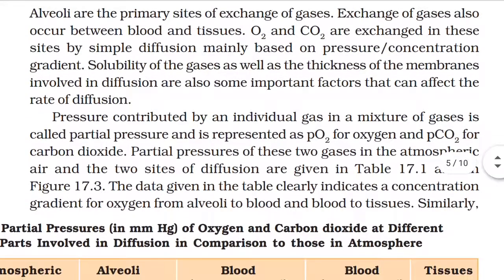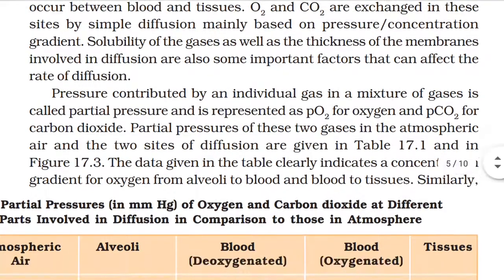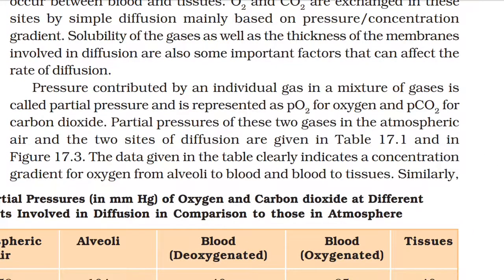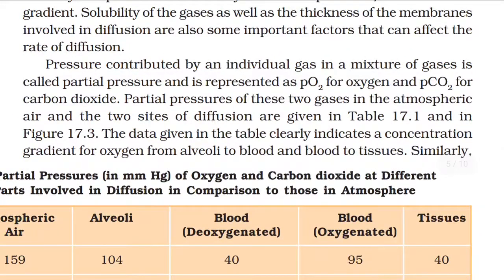Oxygen and carbon dioxide are exchanged in these sites by simple diffusion, mainly based on the pressure and concentration gradient. The solubility of the gases, as well as the thickness of the membranes involved in diffusion, are also important factors that can affect the rate of diffusion.